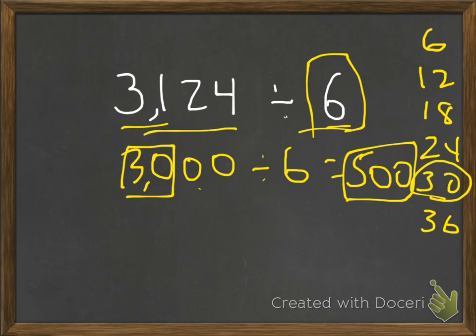Next thing I'm going to show you is what you do if the divisor is a double digit. Let's take, for example, the number 427 and let's divide that by, say, 82.